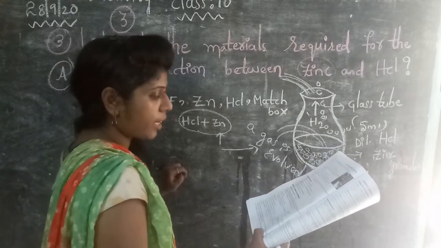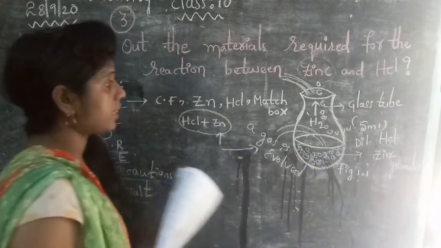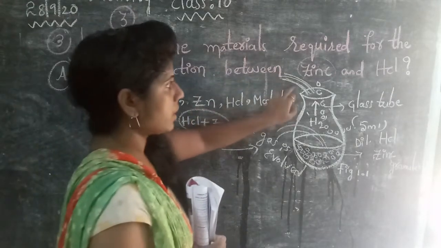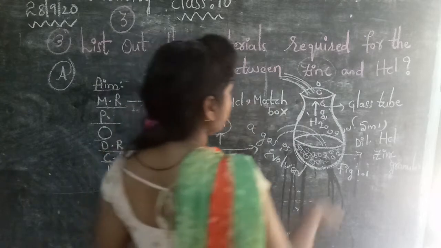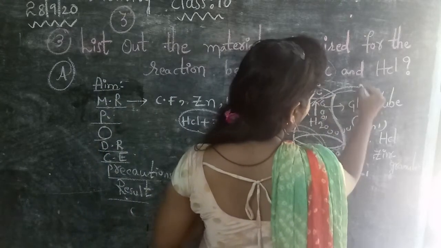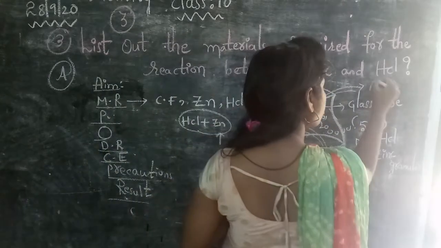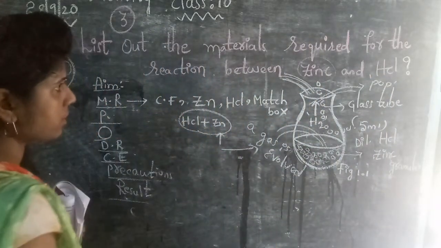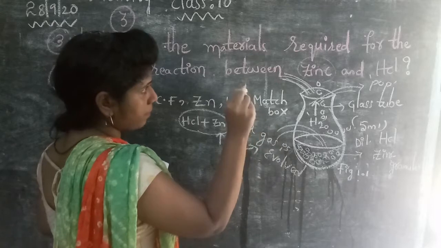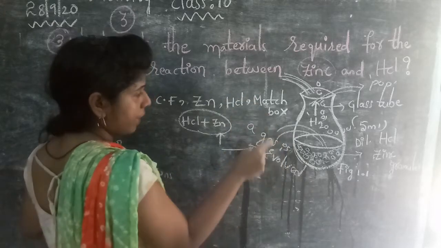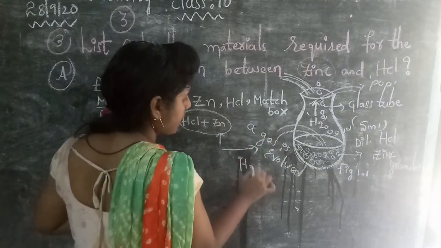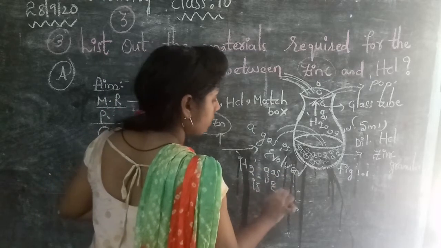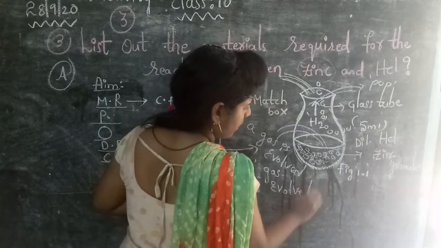The flask is hot because heat is evolved during the reaction. Whenever you bring a lighted matchstick near this conical flask, a sound is released. What is that sound? It makes a pop sound. By that we can conclude that if we hear the pop sound, hydrogen gas is evolved during this reaction.